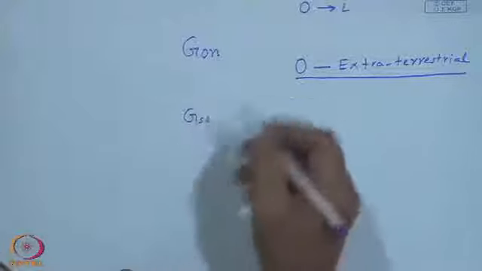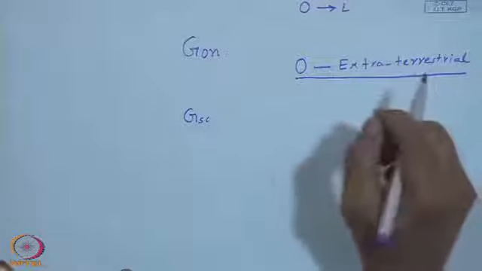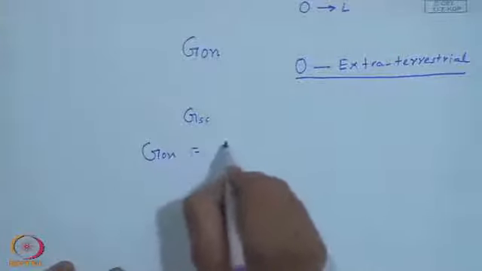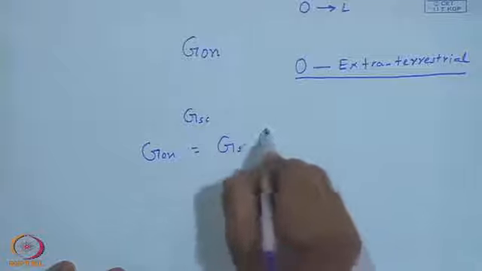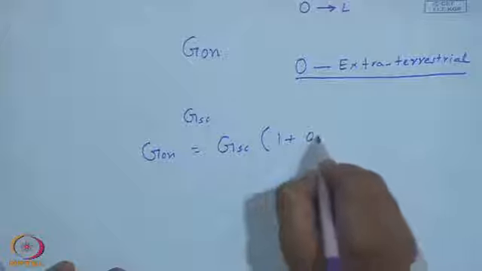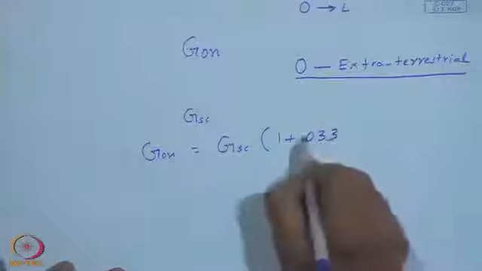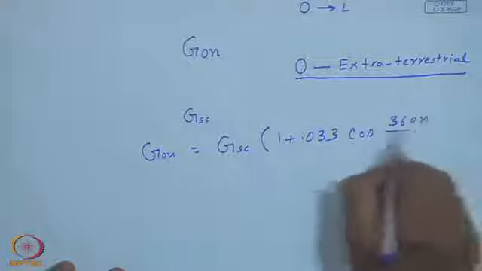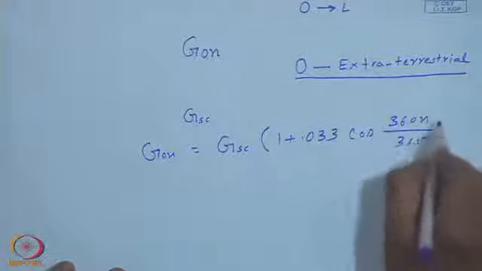So, GSC is the solar constant if the surface is at the mean distance between the sun and the earth. If you take any given day, that will vary like the solar constant times 1 plus or minus about 1.7%, that is 0.033 cos 360 n by 365.